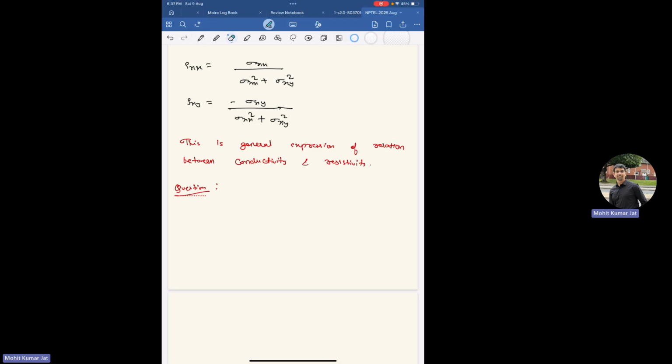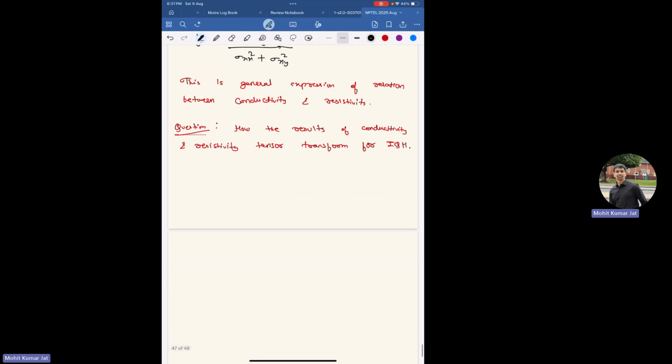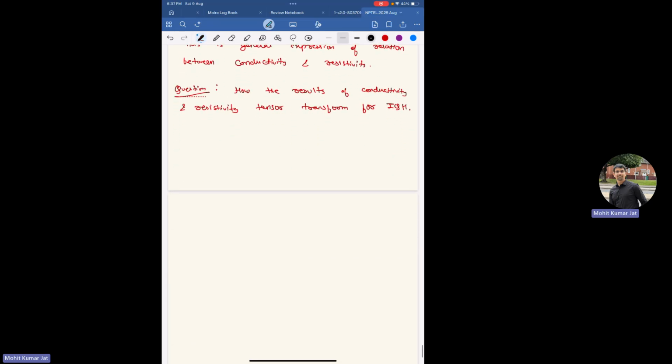How will the results of the conductivity tensor and resistivity tensor transform for the integer quantum Hall system? Okay, so this is the question. We'll take this question now.